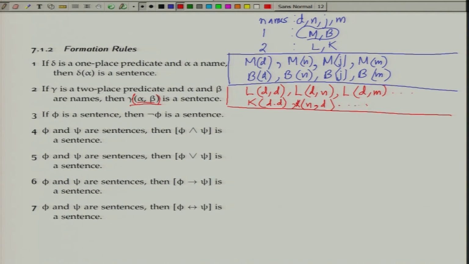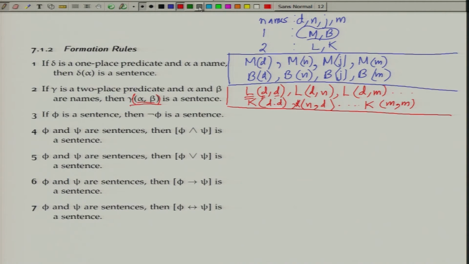So the point is, this must be a two place predicate, and this must be a name, and this must be a name, and 2 things must be there. So if we follow these rules, you can make all these things, and whatever M, all these things we can make. Just follow the rule and make things.